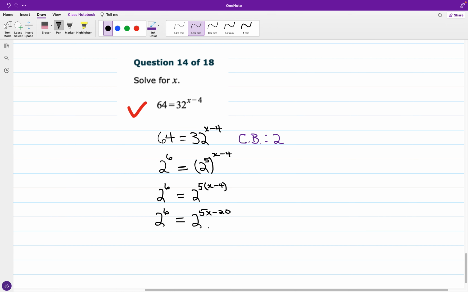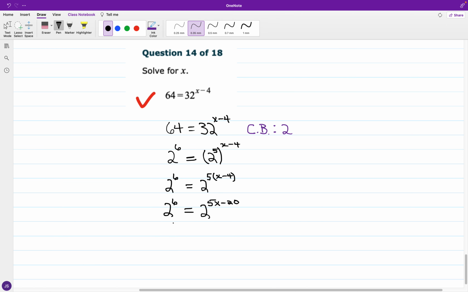Now we have single terms in the same exponential base, whereas the previous problem had the same logarithmic base. In this case where we have exponents, we can write an equation setting the exponents equal to each other. So you have 6 is equal to 5x minus 20.